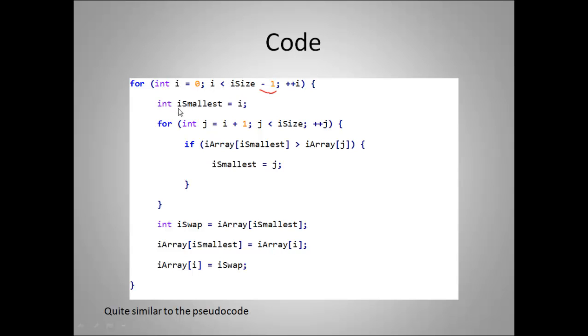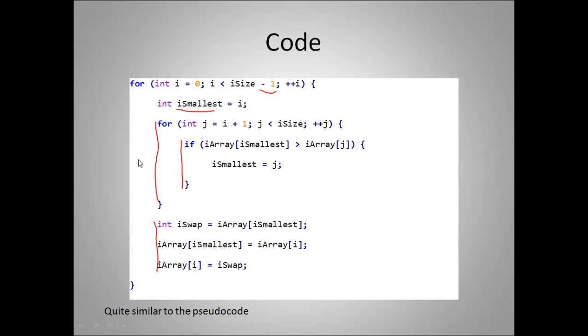Here we have a placeholder for the smallest integer's index. And here we have our second for loop. Inside this for loop, we run the if statement, where we compare the item we're looking at to the item right next to it. And once this is done, it's going to run the swap, just like our pseudocode.